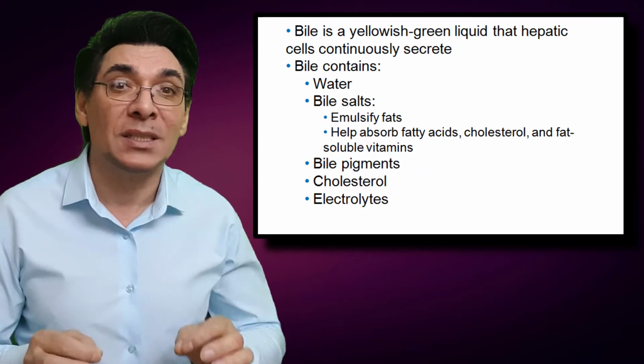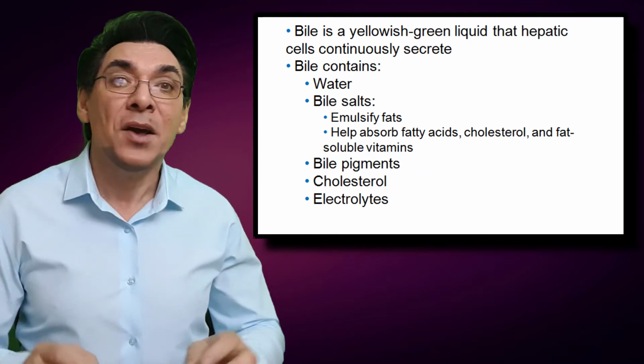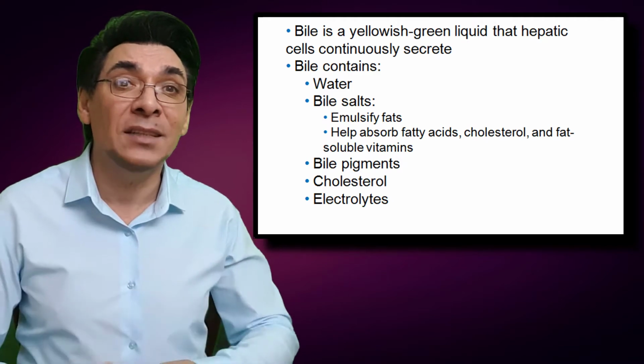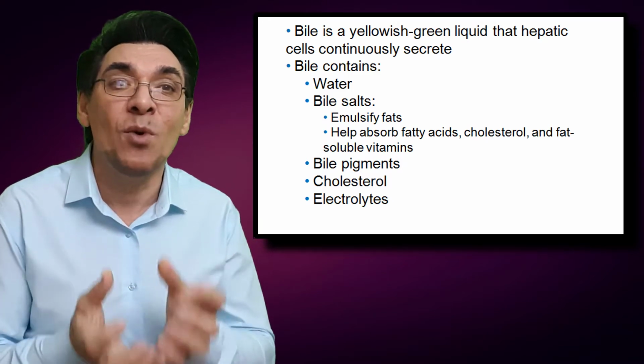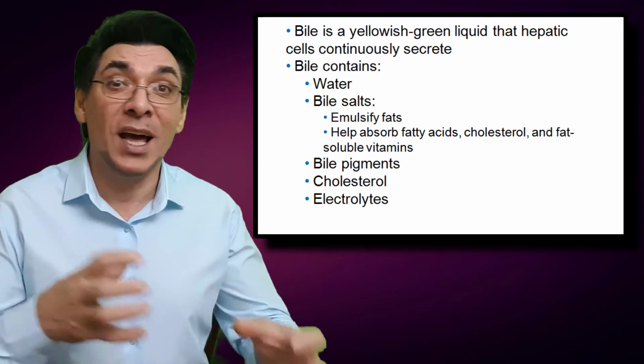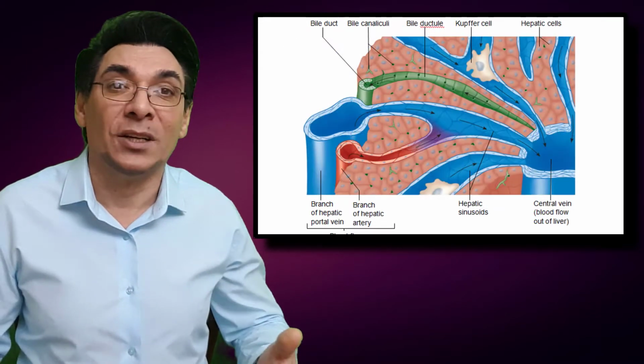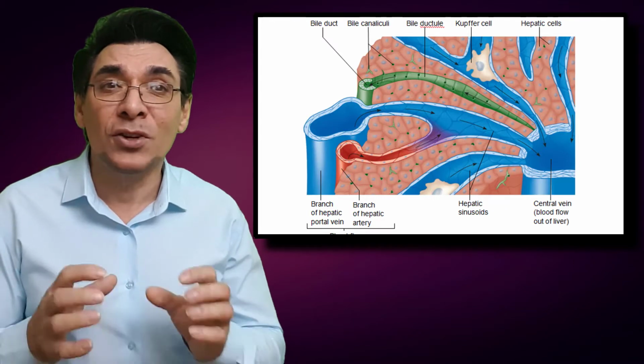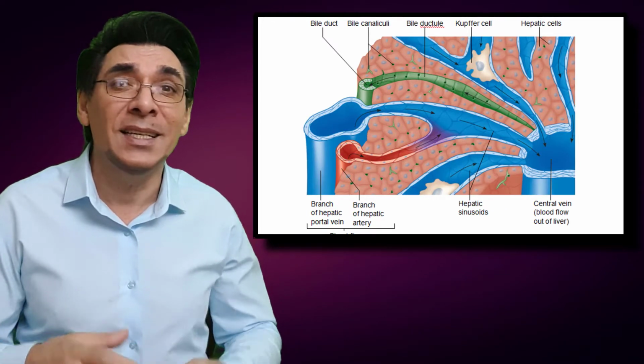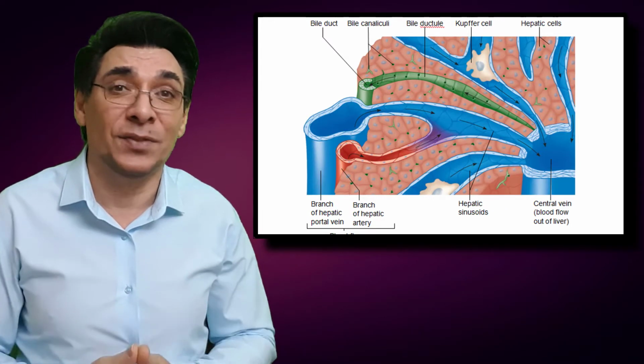Bile salts emulsify fats, breaking the fat globules into smaller droplets, much like the action of detergents in dishwater. The small droplets are more easily digested by digestive enzymes.